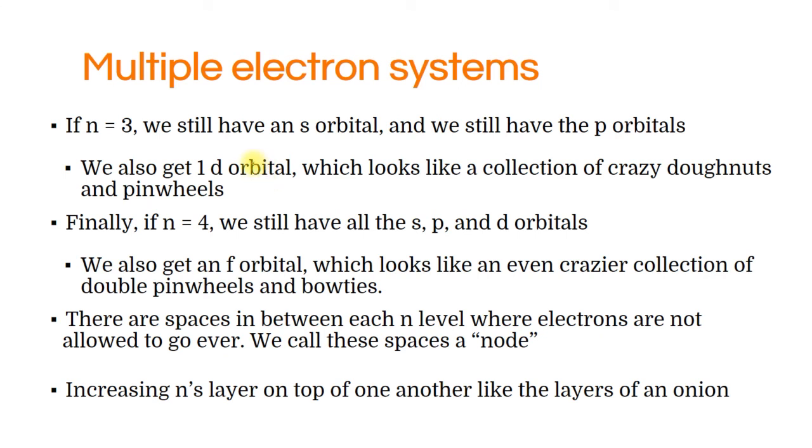Now if we go up to the next period, the third period, we still have the 1s orbital. We still have the 2p orbital. Now we get something weird in the fourth period actually, but the third energy level. Okay, you get a d orbital.